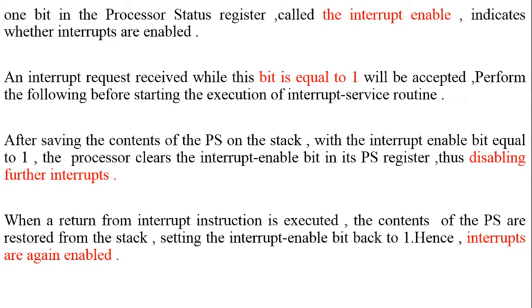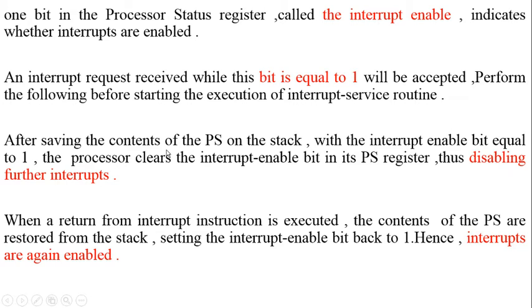The value of this bit indicates whether the processor is ready to accept an interrupt, or whether it is busy with some other interrupt action. An interrupt request received while this bit is equal to 1 will be accepted by the processor, which performs the following before starting the execution of the interrupt service routine.